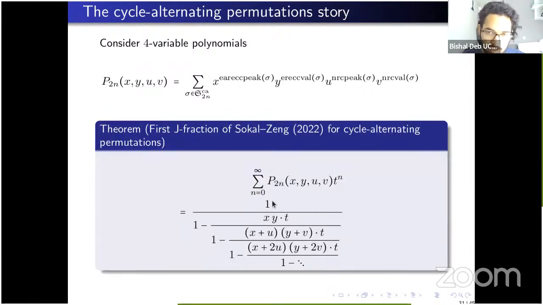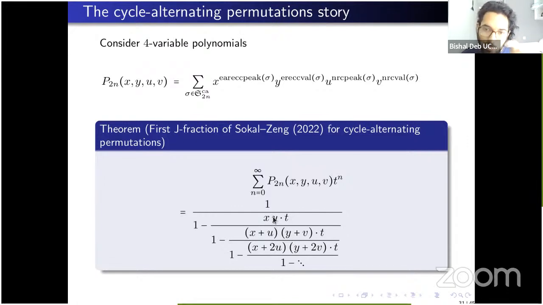Then this has a nice S fraction. So this looks like 1, and then here you have, so recall that secant numbers, just the numbers, had alphas 1 squared, 2 squared, 3 squared, 4 squared, and so on. Now you can see that you can obtain more stratified information.